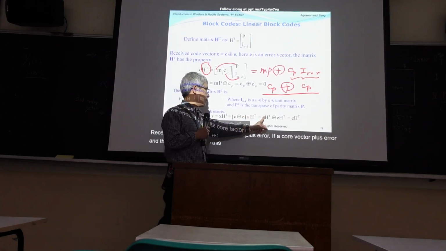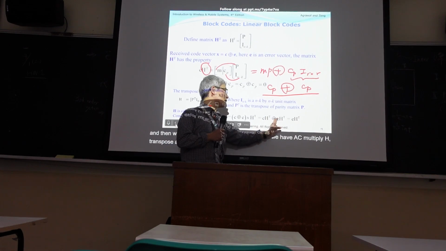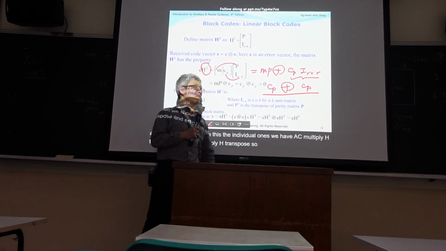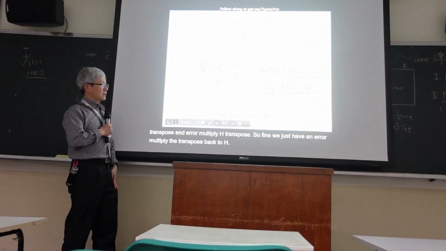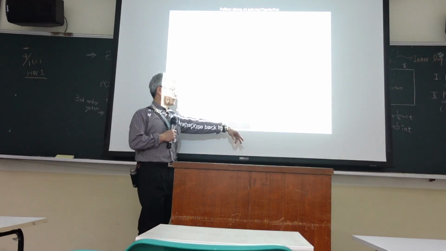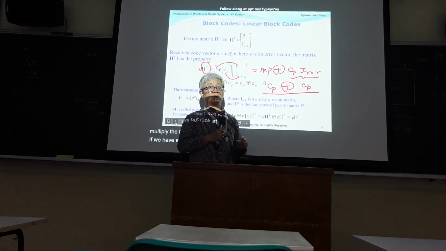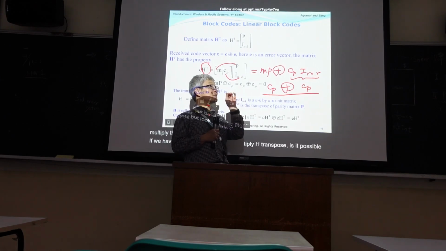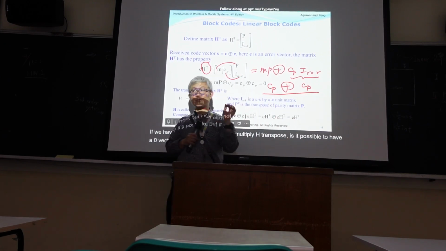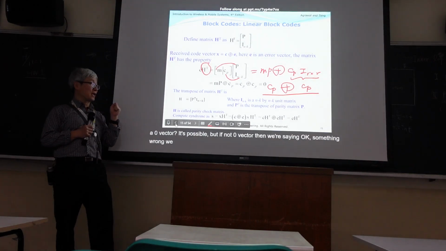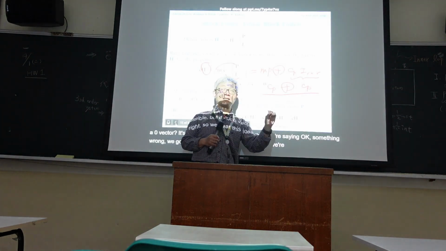So we have C multiplied by H transpose and error multiplied by H transpose. Since C times H transpose is zero, we just have the error multiplied by the transpose of H. Look at this: E multiplied by H transpose. Is it possible to have a zero vector? It's possible. But if not a zero vector, then we think something is wrong. We got it, right? So here is the idea: if not a null vector, then we got something wrong.